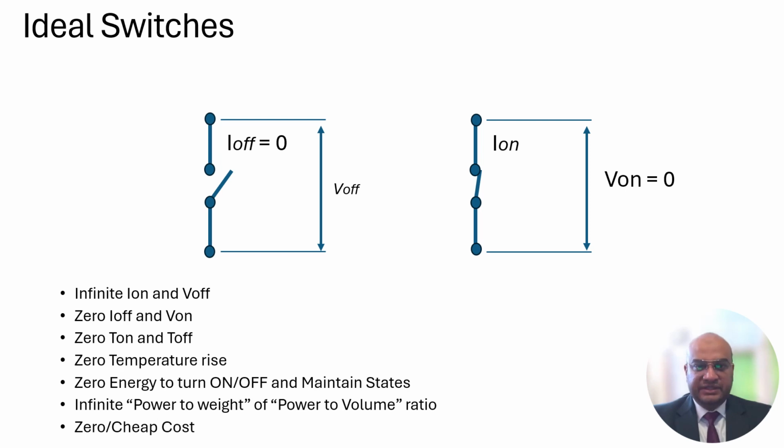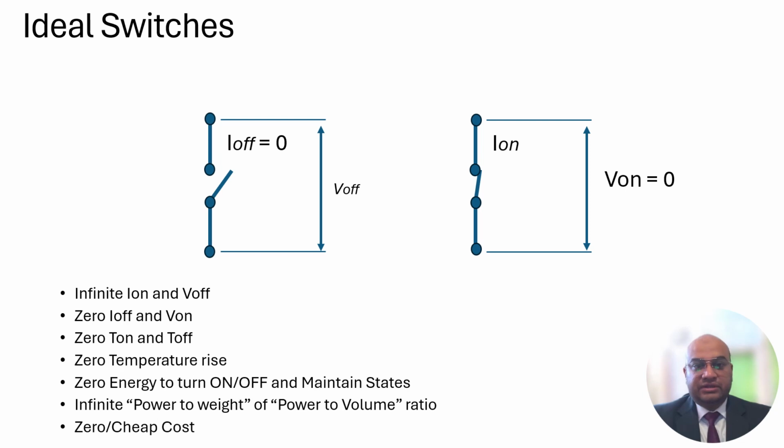Here we can see some of the ideal characteristics, such as infinite on-state and off-state voltage and zero off-state and on-state voltage. Ideally it should not take any time to turn on and turn off. It should be instant.